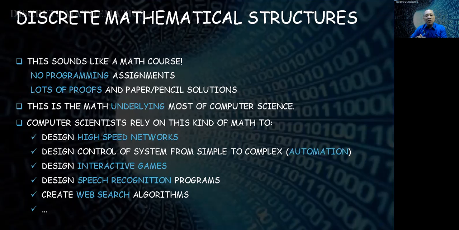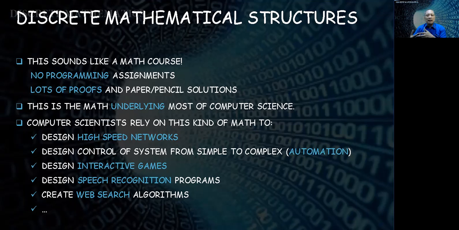Computer scientists rely on this kind of math to design high-speed networks. In terms of networking in a company, in an office, or even in research centers, they have to build good local area networks, decide how to connect them and what network topology to use, so that it will provide the highest speed possible.